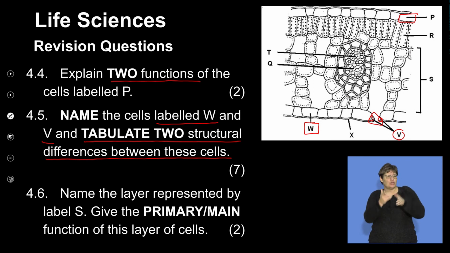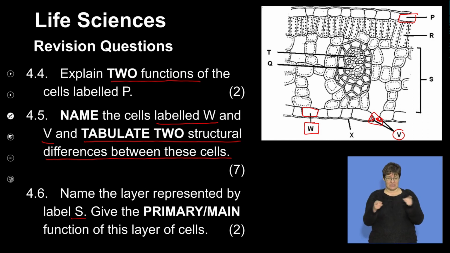They are bean-shaped. These cells are very often rectangular. What's different about the walls? The guard cells have thick inner walls and thin outer walls. These have thicker outer walls and thin inner walls. Okay, so it's basically any two structural differences.